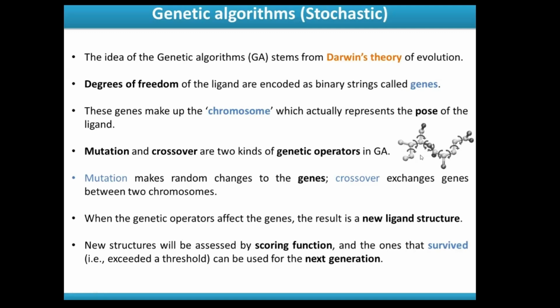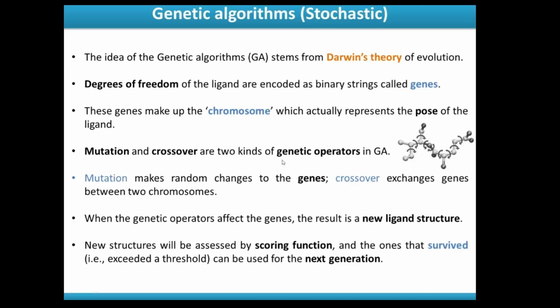After rotating each bond, there will be some changes in the structure, and that will be a completely new structure. So as many bonds as there are, that many genes are present in the system. Secondly, these genes make up the chromosome, which actually represents the pose of the ligand. So altogether, these genes will correspond to the single molecule which we are checking here.